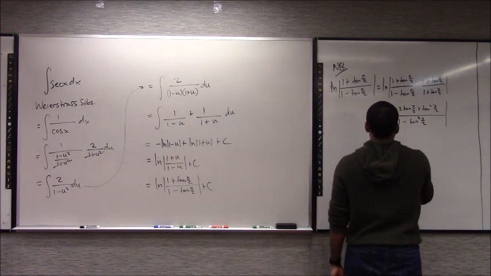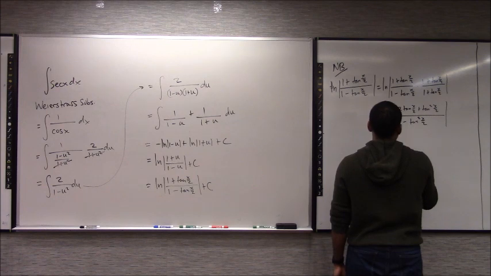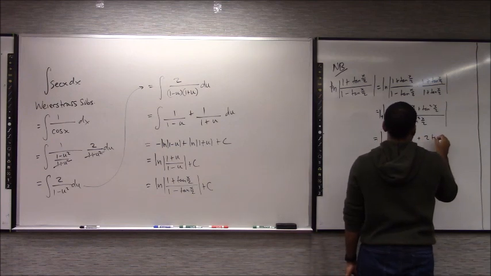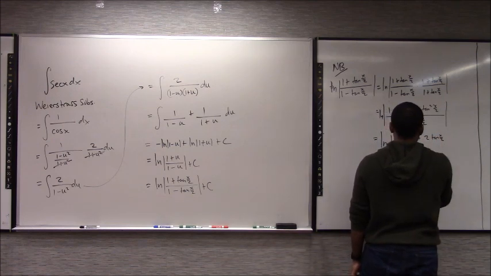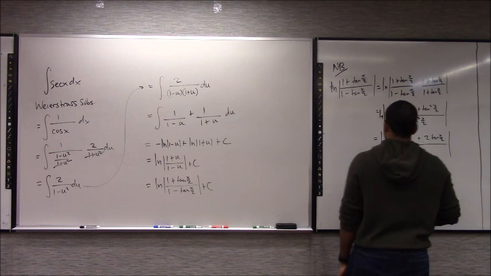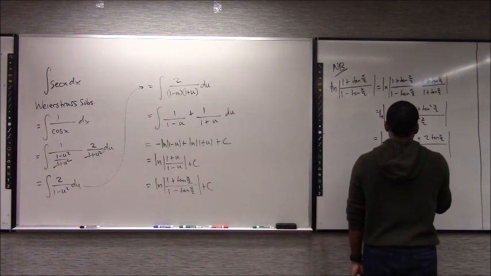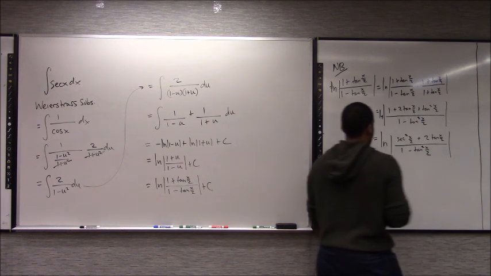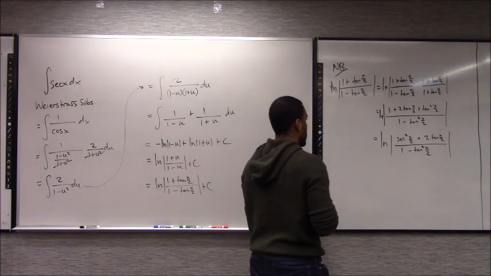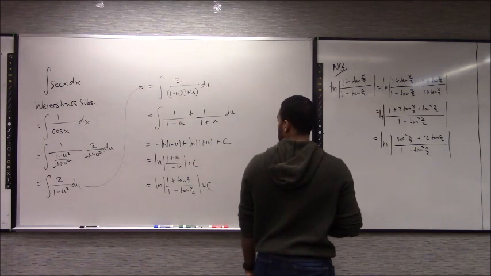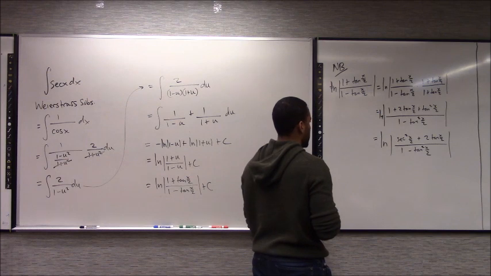Now 1 plus tangent squared is secant squared, that is secant squared x over 2 plus 2 tangent x over 2. And I know ultimately here, the formula that we know to be correct is ln of secant x plus tangent x.